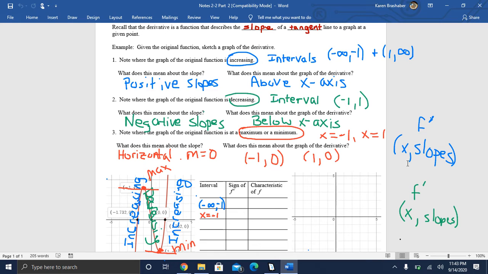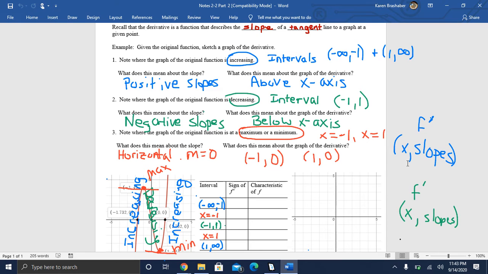Then our next interval from left to right is where it was decreasing from -1 to 1. Since that interval stopped at 1, I want to know what's going on at 1. And then my final interval was from 1 to infinity.